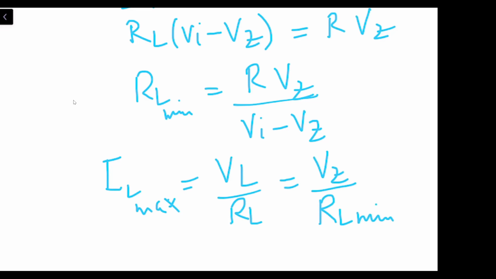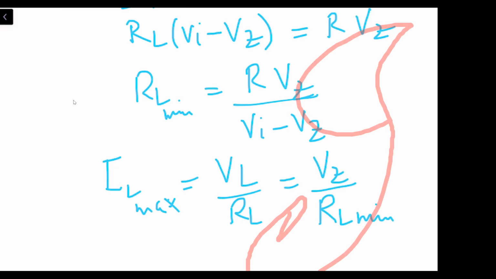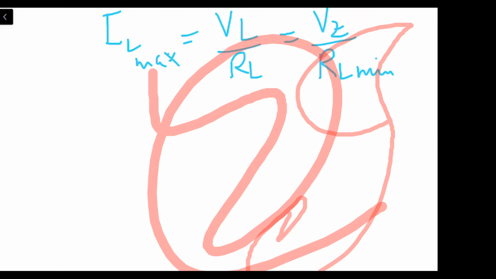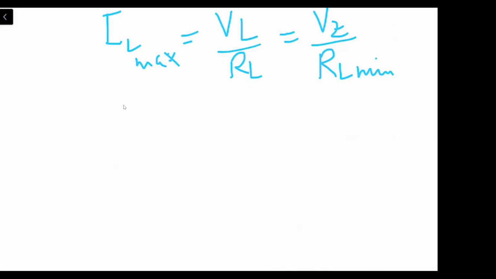And once the zener diode is in the on region, we can say that VR is equal to Vi minus Vz.